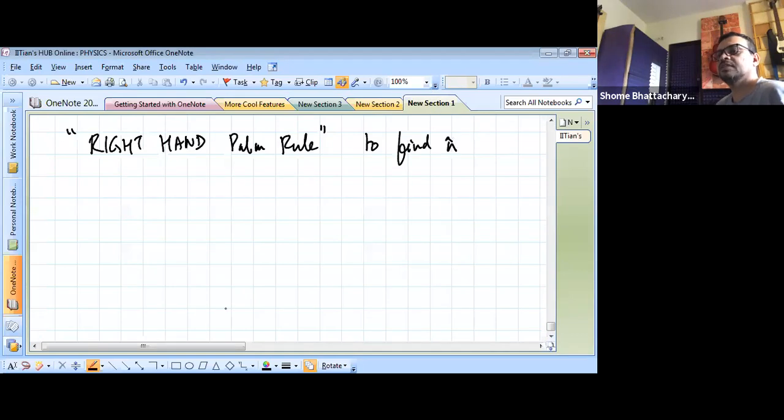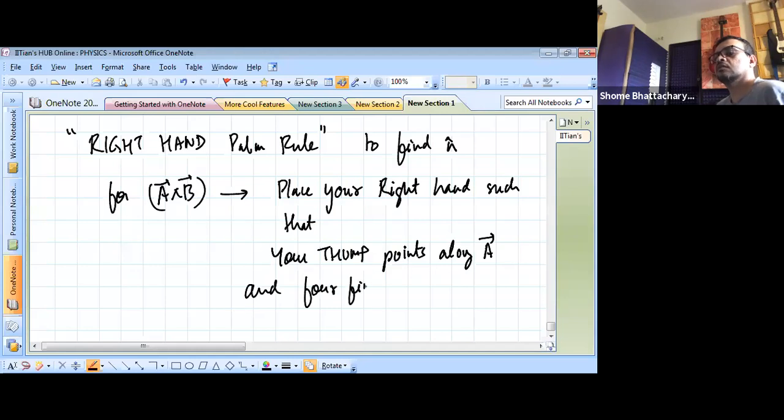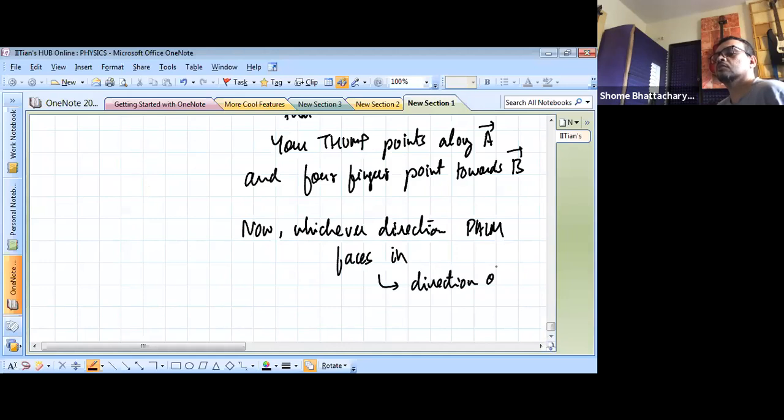To find n cap, the direction of n cap, for A cross B, what you do is you place your right hand such that your thumb points along the vector A, and the four fingers point towards the direction of B. Now, whichever direction the palm faces, that is the direction of n cap.